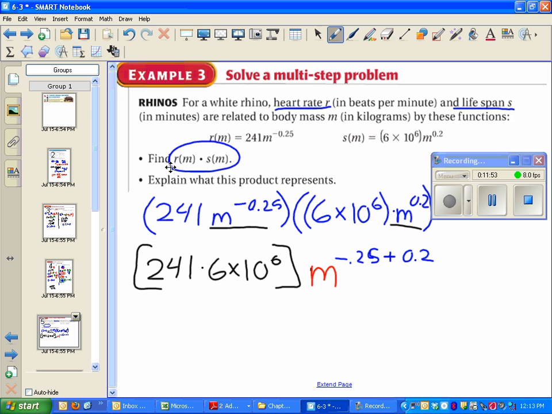Okay, so when I put this in my calculator, when I multiply 241 by 6, I'm going to get 1,446, and that's going to be times 10 to the 6th. And then when I add my exponents together, I'm going to get negative 0.05.